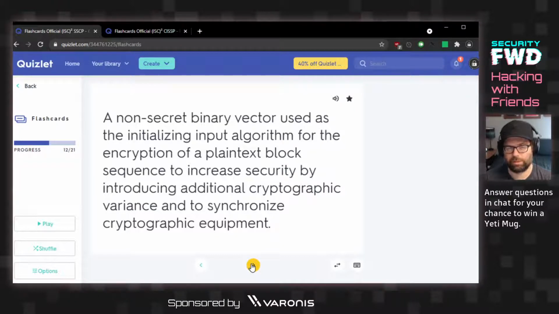I think we did this before, and I said salt. But this might be initialization vector. Yeah, non-secret binary. Initialization vector. Which is usually a salt.